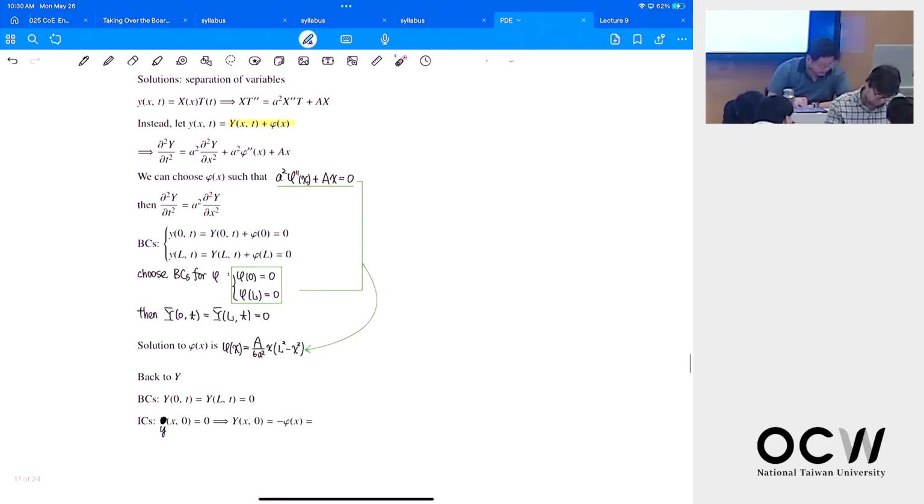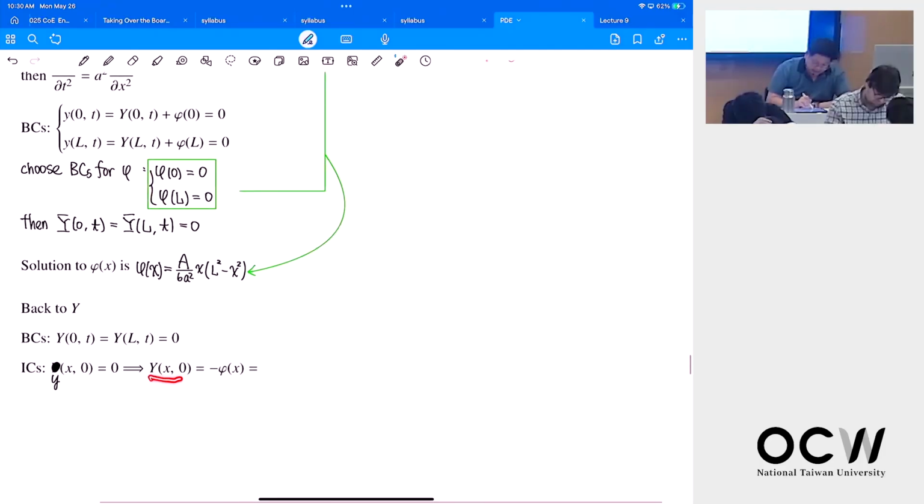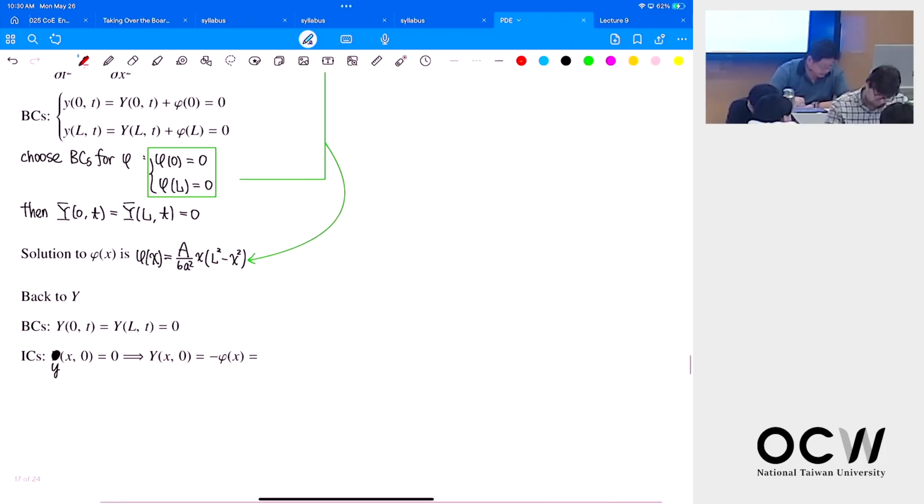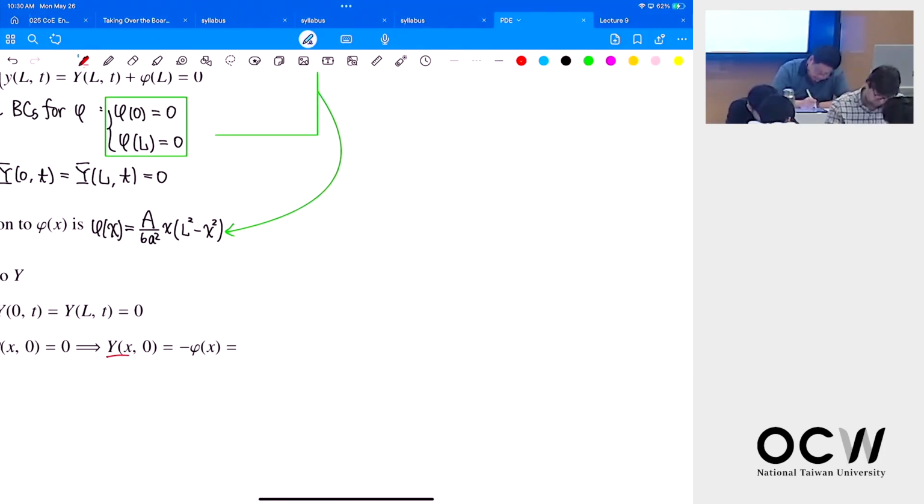That means capital Y is equal to minus phi, because we have y of x,0.